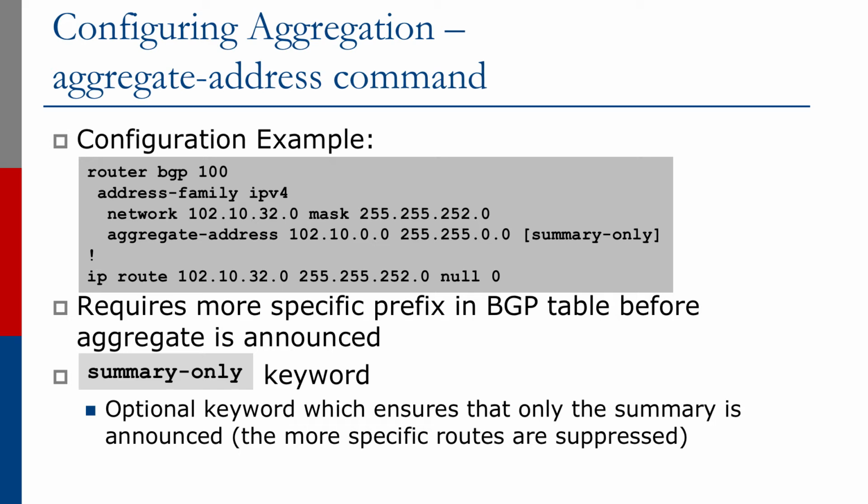Other people's experience may vary, but I generally have found not much use for that feature, and that's really why I just don't really use the aggregate-address command itself. I much prefer the network statement I mentioned earlier and the redistribute static, which is the bit more advanced configuration, which I also mentioned earlier. And we'll see later on in the series examples of using the redistribute static in a properly controlled environment.